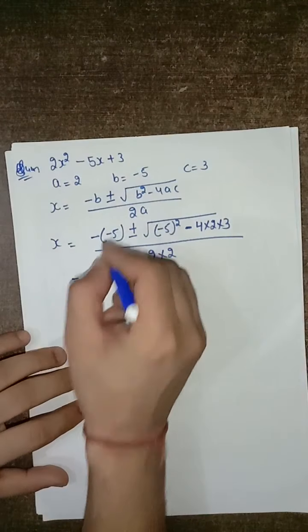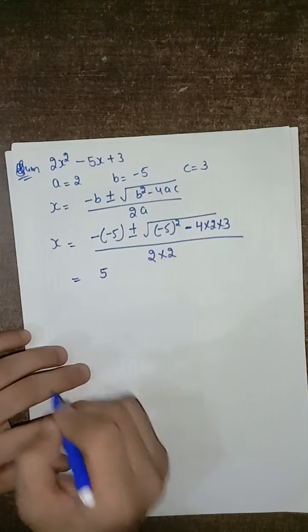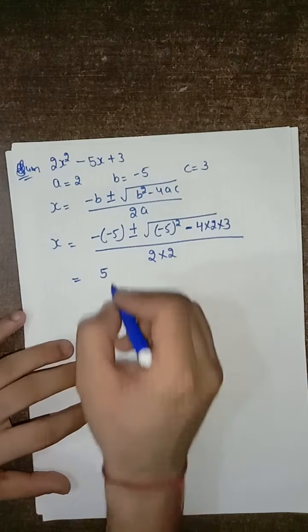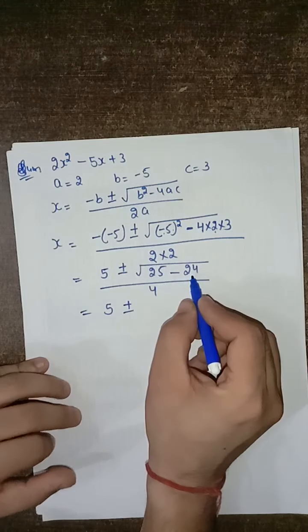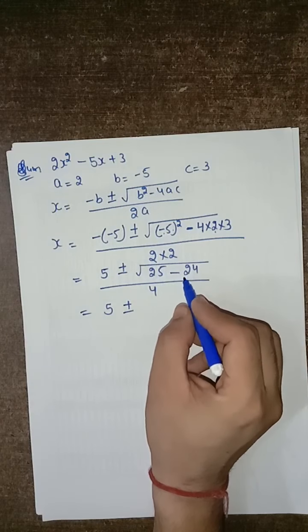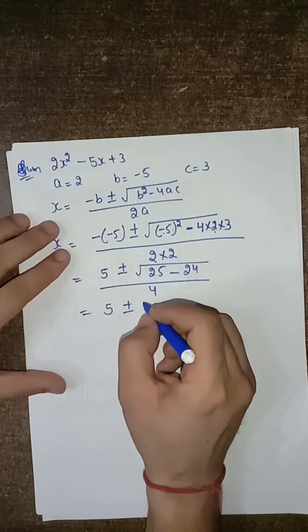Now minus minus is plus, so 5 plus minus square root of 5 whole square, which is 25, minus 4 twos are 8, 8 threes are 24, divided by 2 into 2, which is 4. So 5 plus minus square root of 25 minus 24, that is 1, and the square root of 1 is 1.